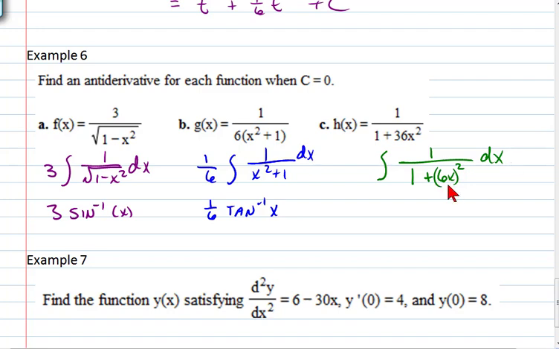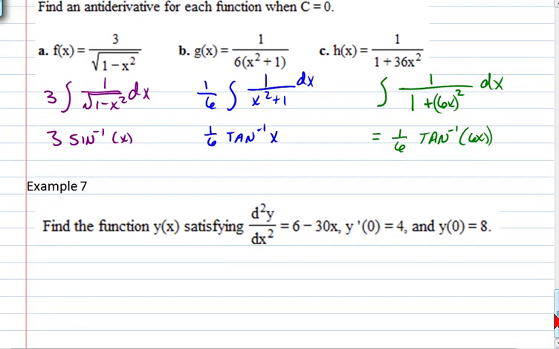Look at the parentheses. This happens to be, and you may not recognize it right away, 1/6 tan inverse 6x, because you've got a differential here that you have to worry about. The chain rule when you take the derivative gives the 6. So to counteract that, we get the 1/6.